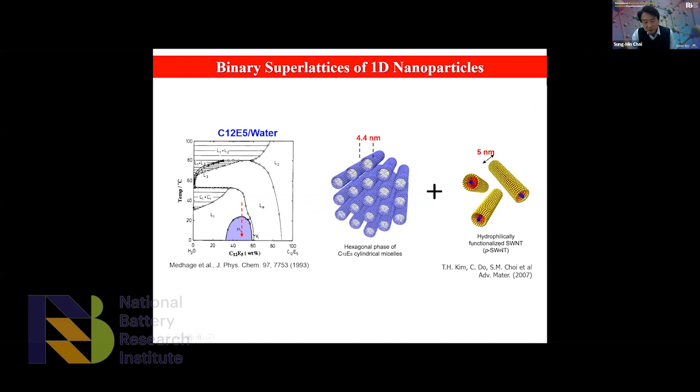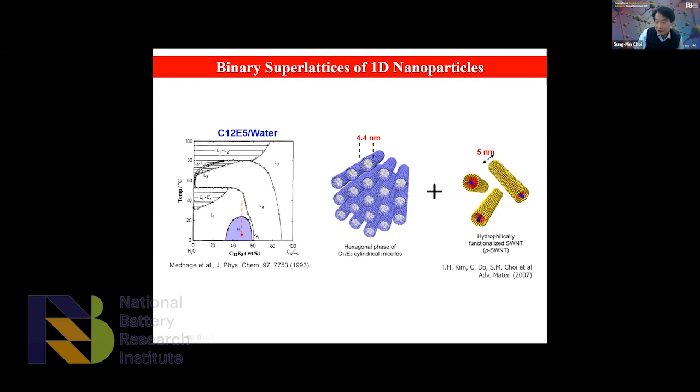First, we considered a one-dimensional object. So we considered this cylindrical surfactant phase, which forms a hexagonal lattice, and then mixed it with a one-dimensional object.